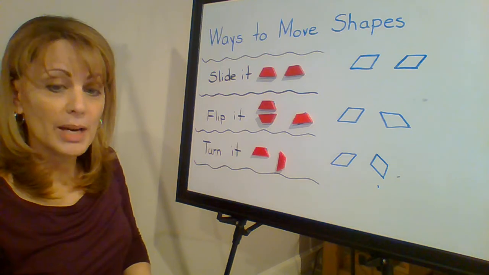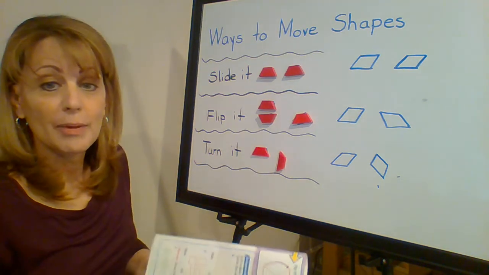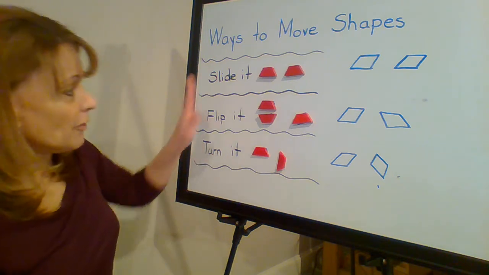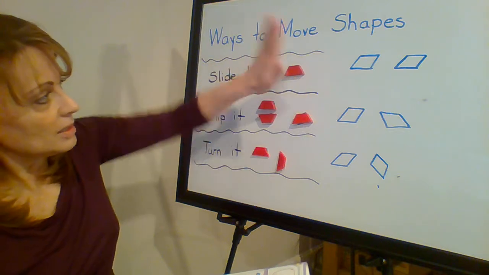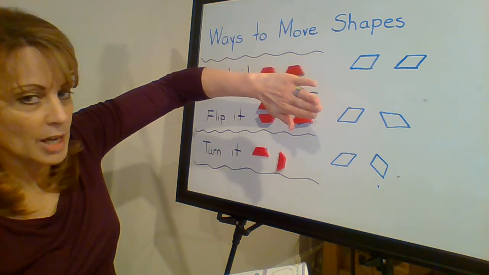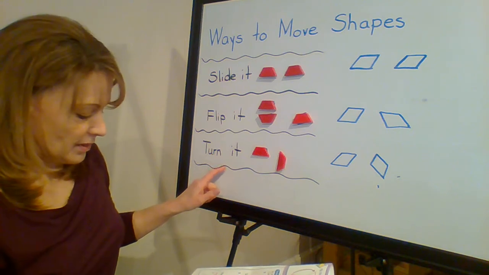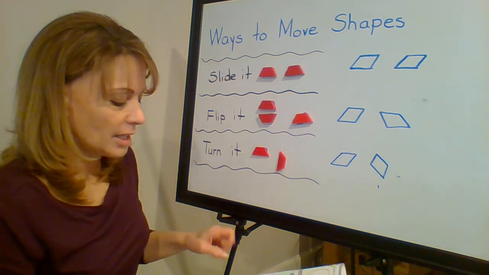So number 3 is a flip. Look at number 4. Well, when we look at number 4, and it's this direction, and now it's just taken a quarter, what do we call that? A turn.